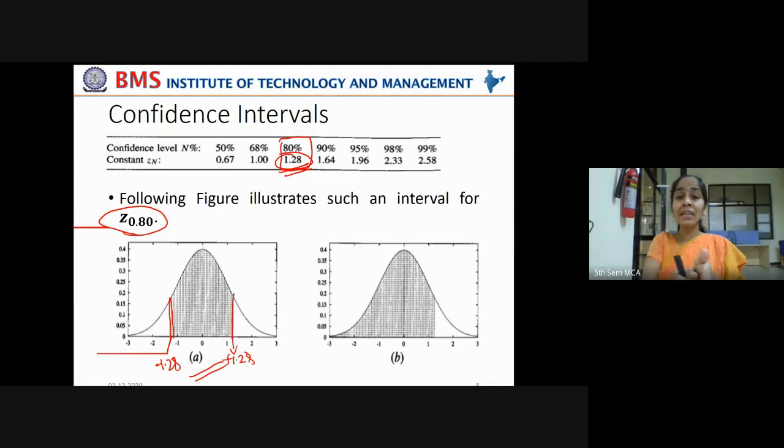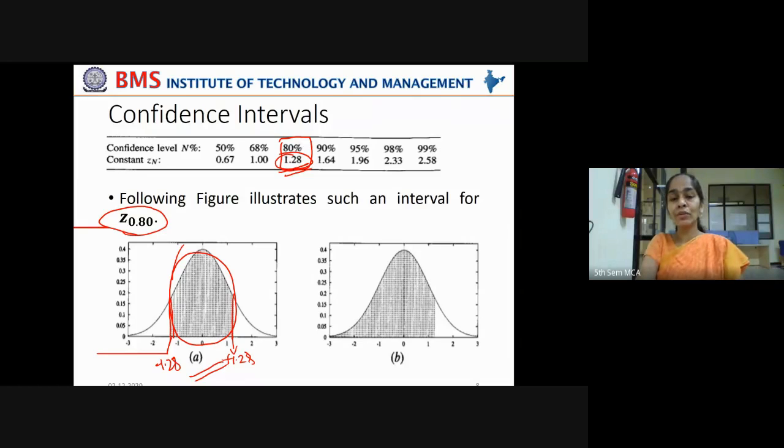So this is the deviation up to which it can allow within this confidence interval, for the true value to fall into.